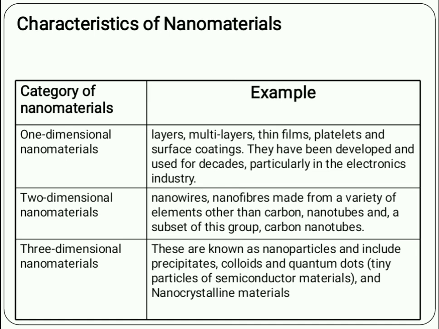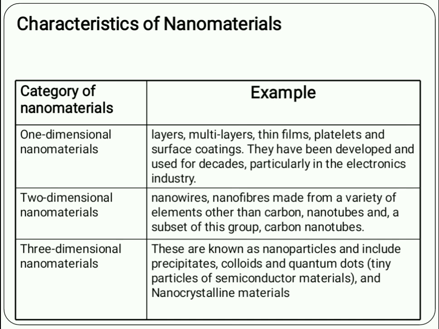Generally in the chemical industry they are used as nanocatalysts. The term nanocatalyst is used in various types of reactions. We can see various applications for nanocatalysts in a biodiesel plant. Various types of plants have been developed and they are using nanocatalysts. So these are the applications of the nanomaterials.